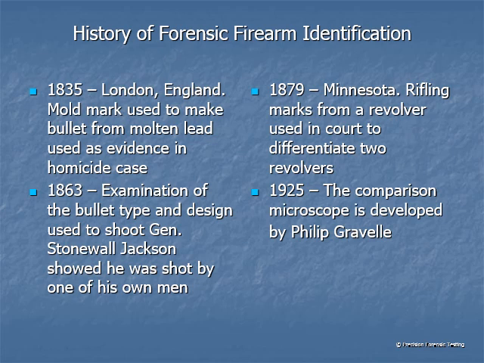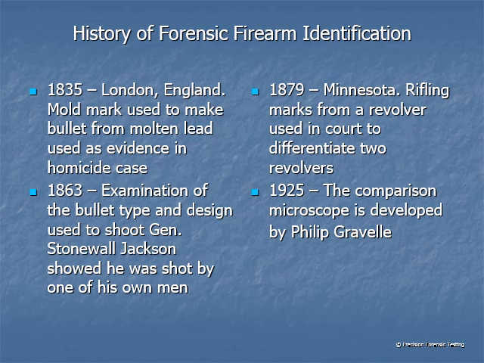Interesting as well, Stonewall Jackson is a famous figure in West Virginia. In 1863, they looked at the bullet type and design and showed that it was friendly fire that killed him. In 1879, there were distinctive markings left from what's called rifling.